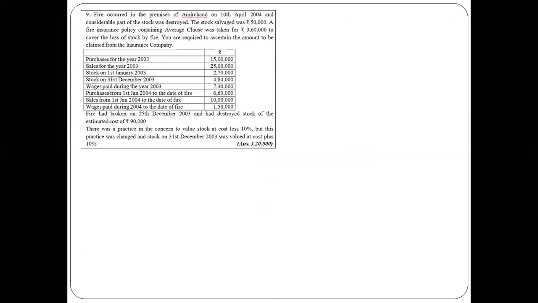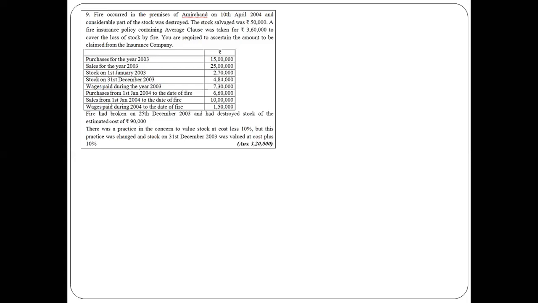Now we'll take up the long question, that is the 9th question. What this 9th question says: a fire occurred in the premises of Amir Chand on 10th April 2004 and a considerable part of the stock was destroyed. The stock salvaged was rupees 50,000.